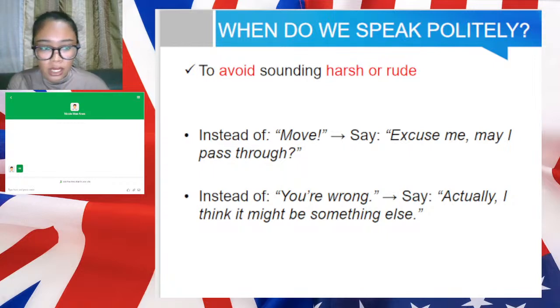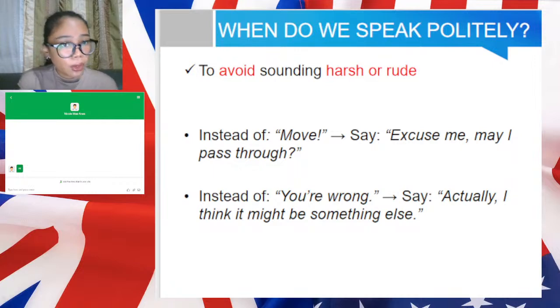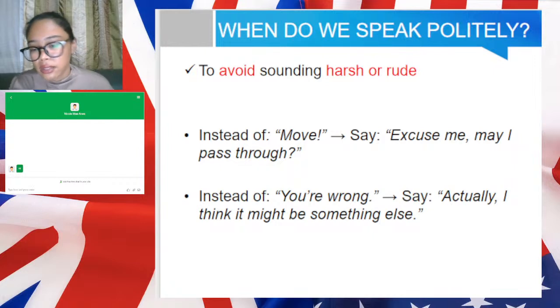Another is instead of saying "you're wrong," which can be a little offensive, because people can be really sensitive, especially if you're not close to them. They will probably take it in a bad way. So instead you can say, "Actually, I think it might be something else." So you speak politely when you want to avoid sounding harsh or rude.